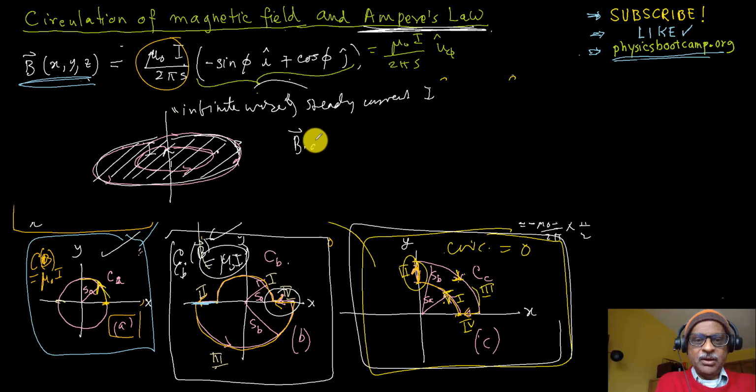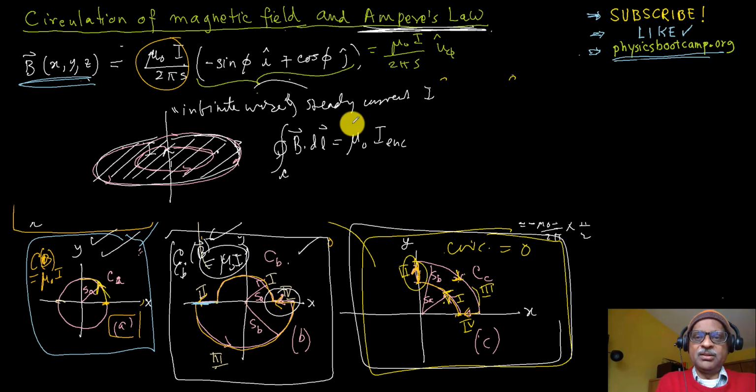So B dot dl going through one of these oriented loops is mu naught I enclosed.